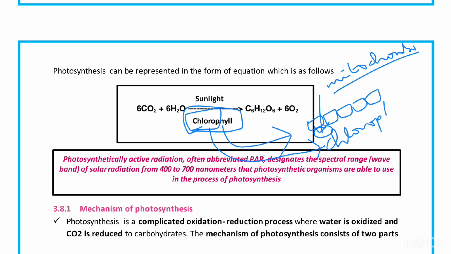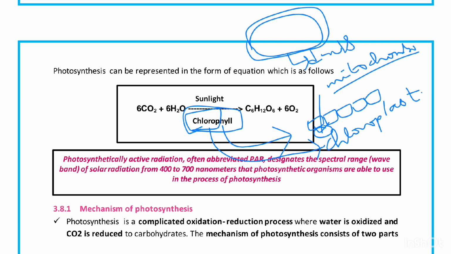Chloroplast is basically a double membrane structure. It's a cell organelle first of all, and a double membrane structure. Inside this chloroplast, we have oval structures known as thylakoids.